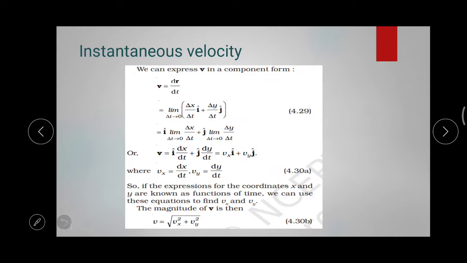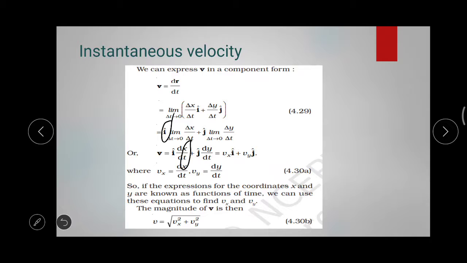The unit vectors i and j are constants, so we take them outside and do not apply the limit to them. Then the limit delta t tends to 0, delta x by delta t becomes dx by dt, and the limit delta t tends to 0, delta y by delta t, the average velocity component along the y axis, becomes dy by dt.